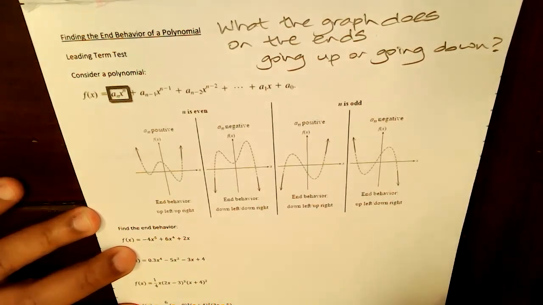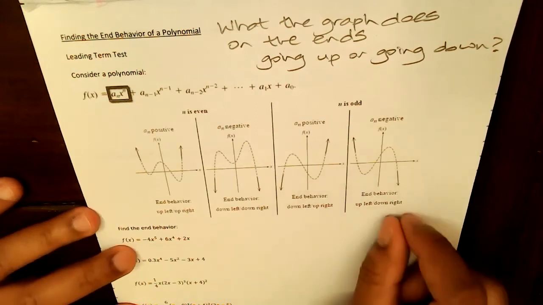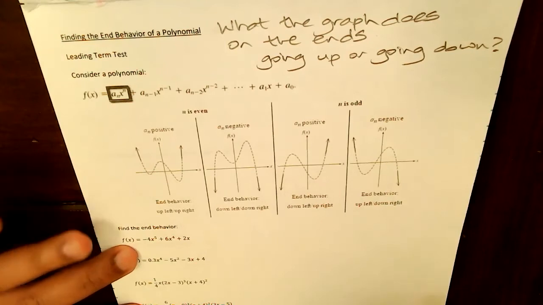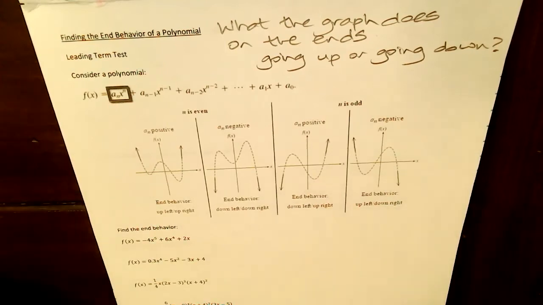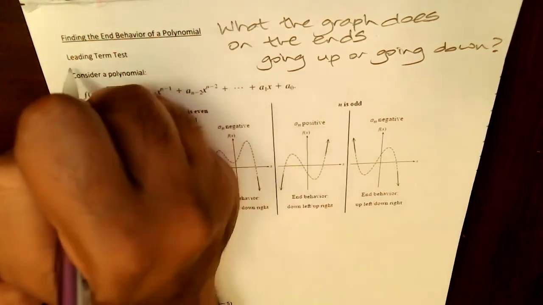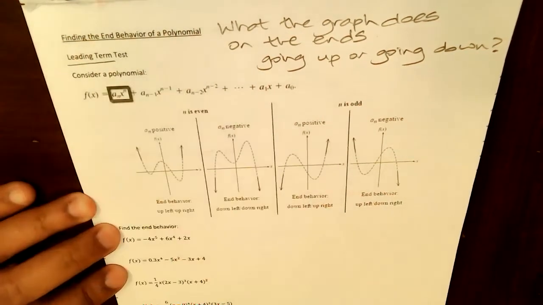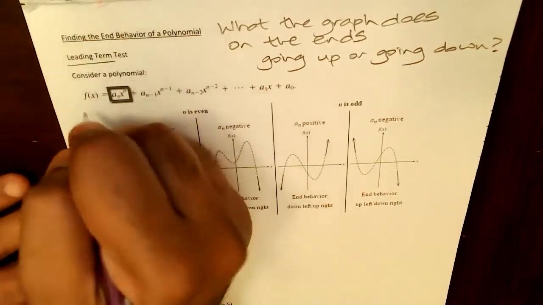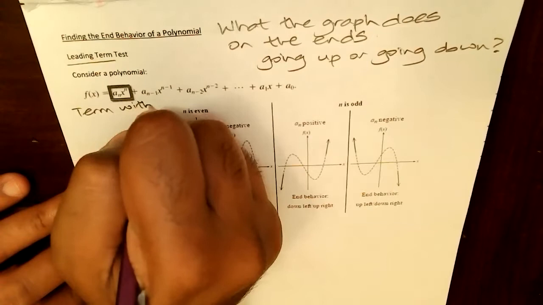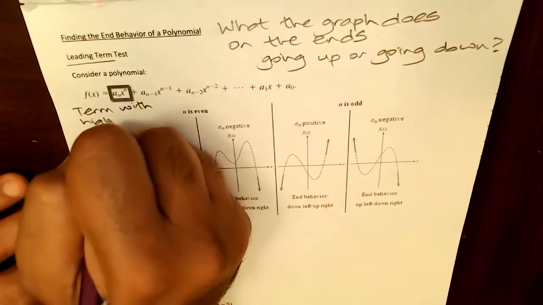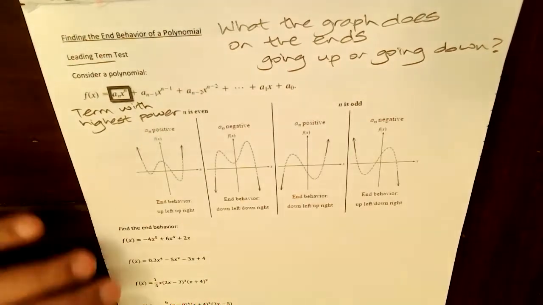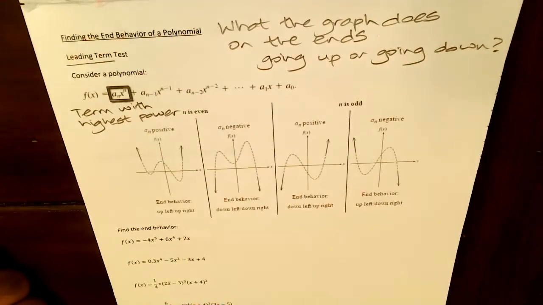Okay, so we're interested in knowing what the end behavior is. So the end behavior is the direction that the graph is going on the left side and on the right side. So to determine the end behavior, we are going to look at the leading term. The leading term is basically the term with the highest power. That is what we call the leading term.